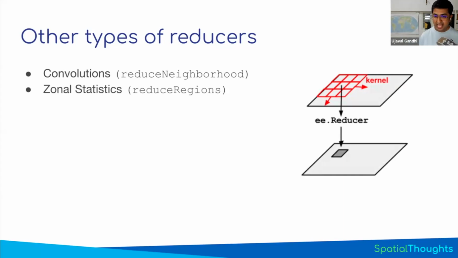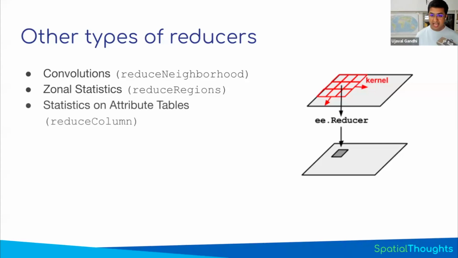Zonal stats. I have a bunch of polygons in my shapefile. I want statistic of each polygon. I have a shapefile of all the districts in my region. I want the average NDVI for all of that. Well, you run reduce regions, plural, and you'll get the statistics. I have a shapefile. I have a column. I want the sum of the columns in my feature collection. You can do reduce column.